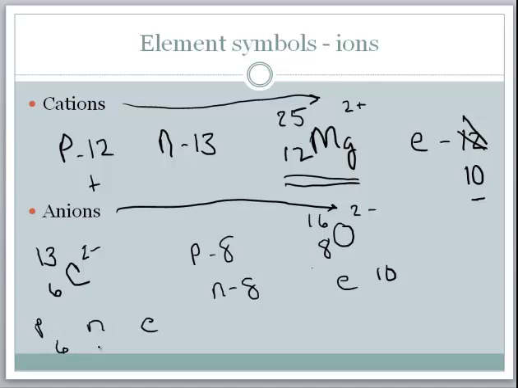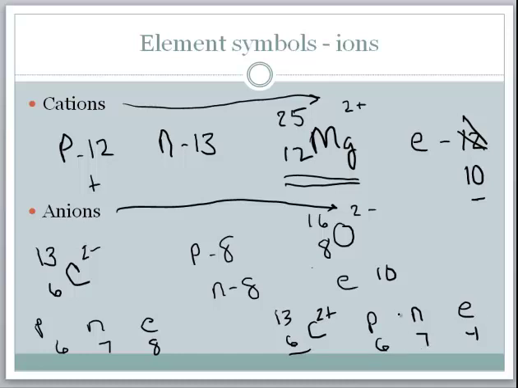Protons 6, neutrons 7, electrons 8. If it's a 2 minus charge, you have to have 2 more negatives than positives, so we would have to have 8 electrons. If by chance, and again this wouldn't normally happen, let's say it has a 2 plus charge. 6 protons, 7 neutrons. Now our electrons would be 4 because we have 6 positives. There's 2 more positives than negatives, so we would have to have 4 electrons.